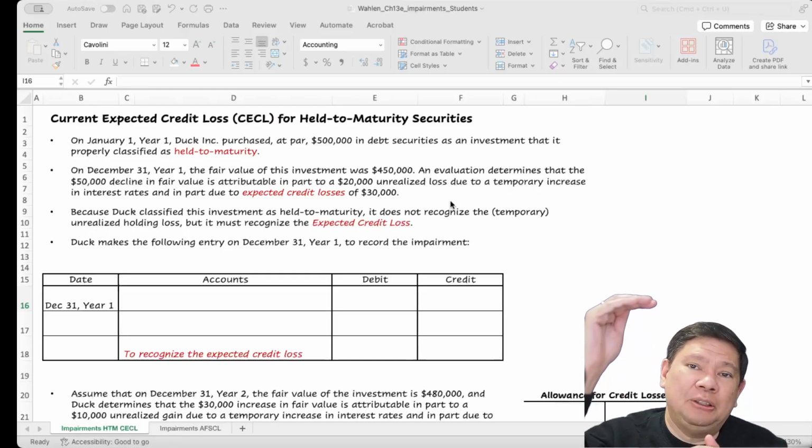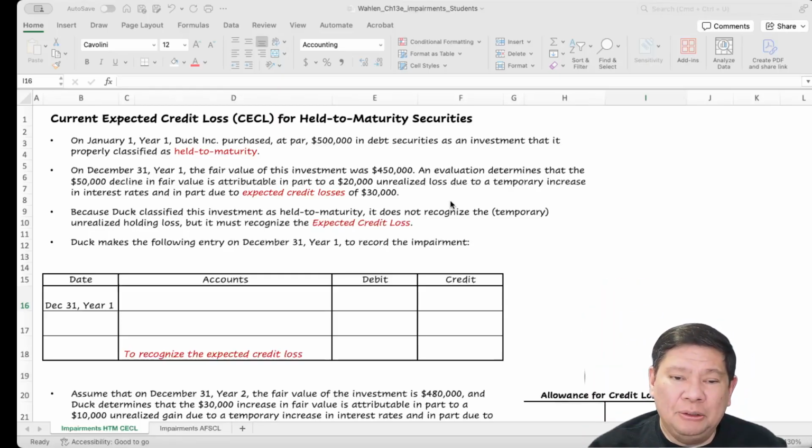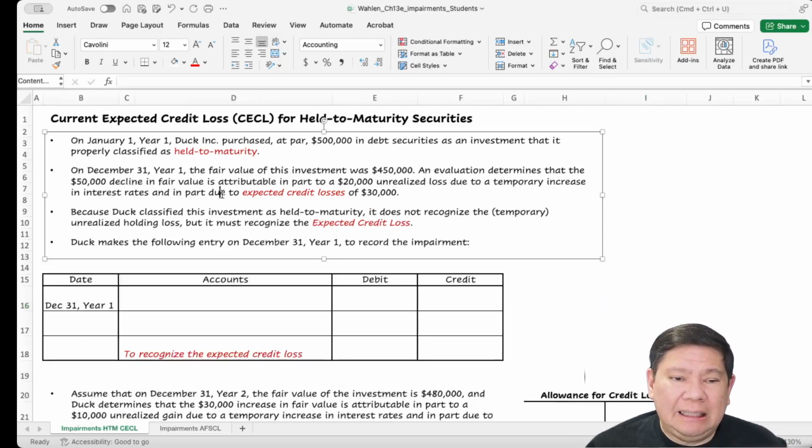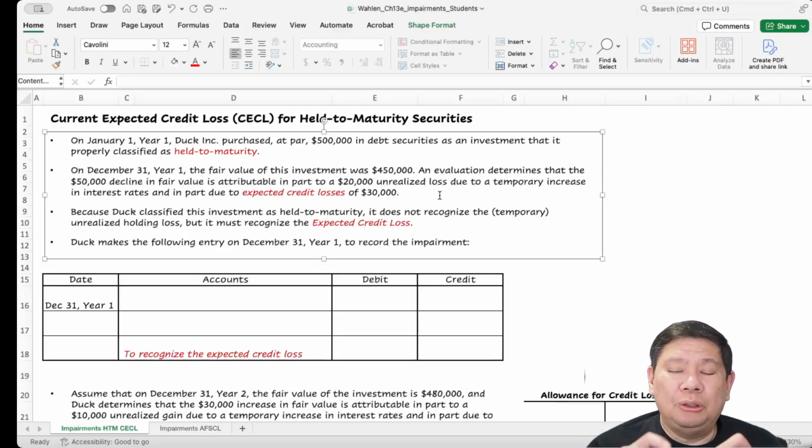When interest rate goes up, the bond's value goes down. $20,000 is the result of that, and we don't worry about that with held to maturity securities. What we have to worry about is the second one, the $30,000 due to expected credit loss.